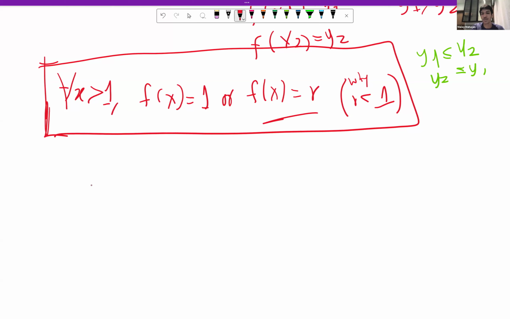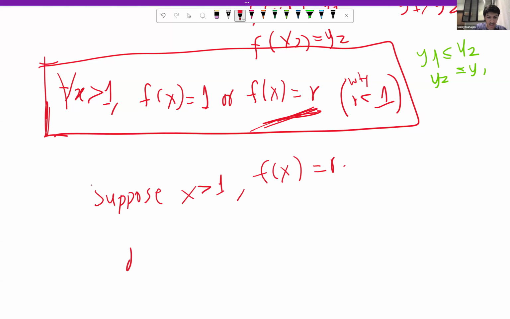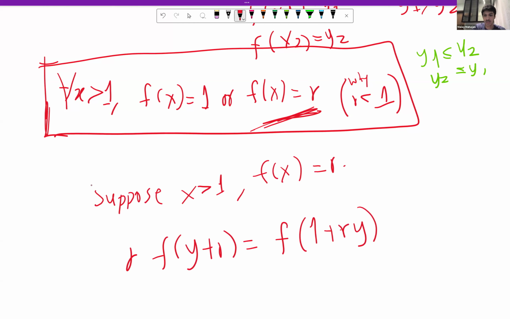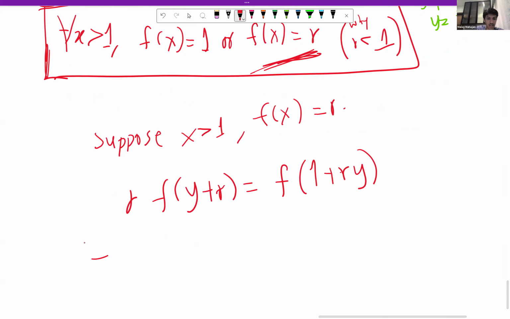You can show f(x) equals r is not possible. Suppose f(x) equals r. This is not the interesting part, I'll just do it in one step and then I leave. You get r times f(y) plus r is f(1 plus ry). Then take y bigger than 1.